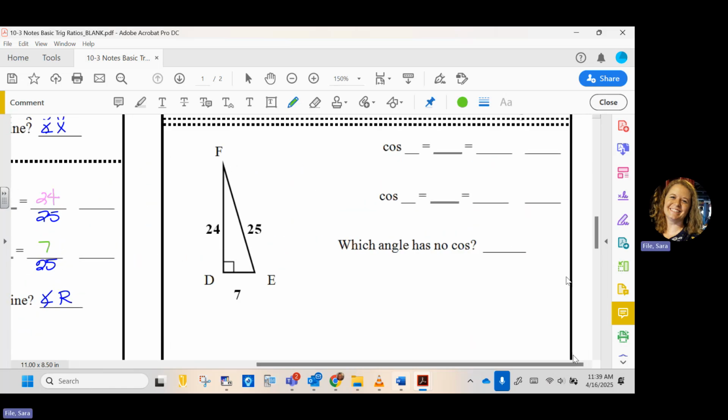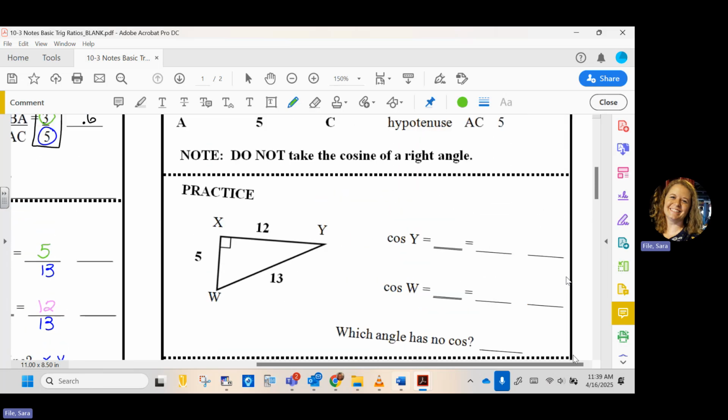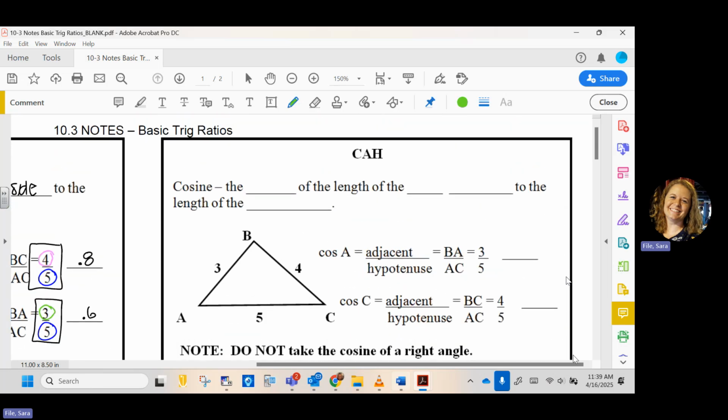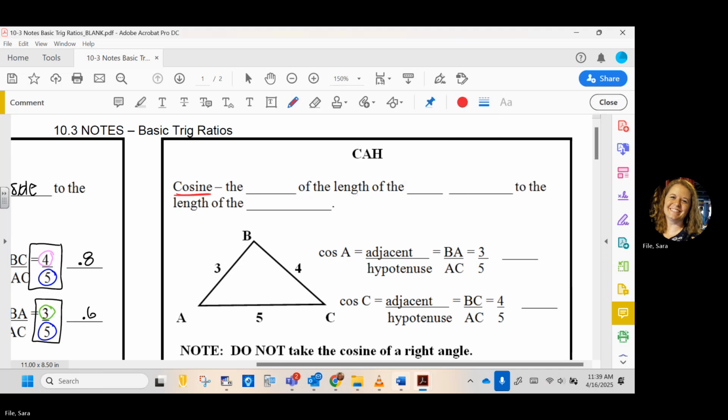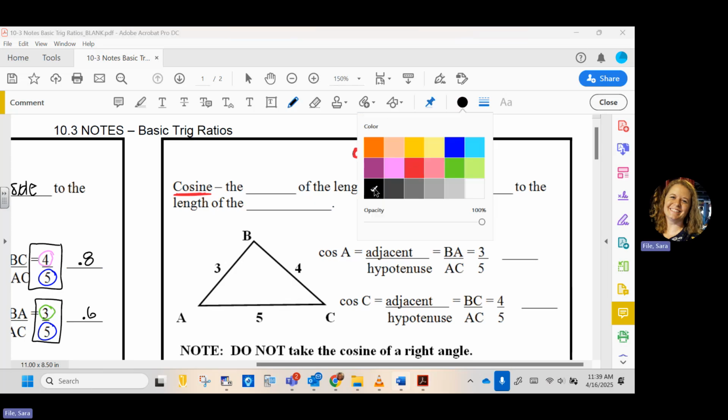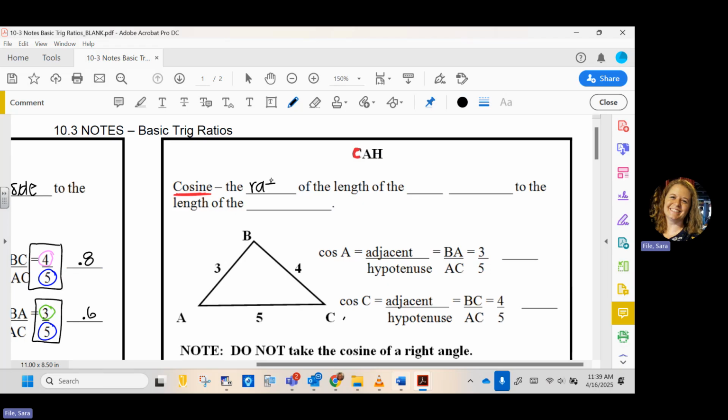Okay, the second part of that phrase, CAHTOA, is the CAH. That C stands for cosine. The H is still the hypotenuse. So cosine is the ratio of the adjacent, A stands for adjacent, to the length of the hypotenuse. So H is still our denominator.